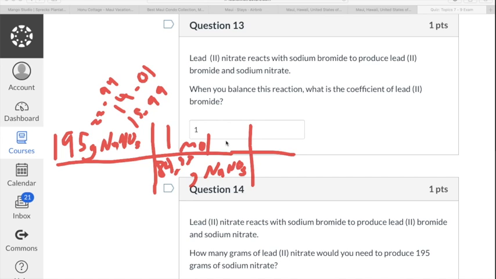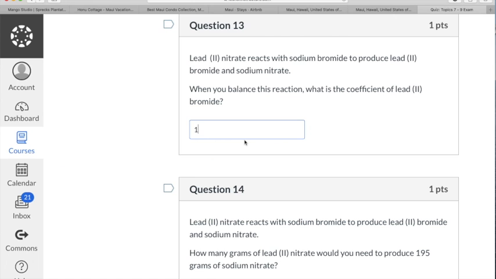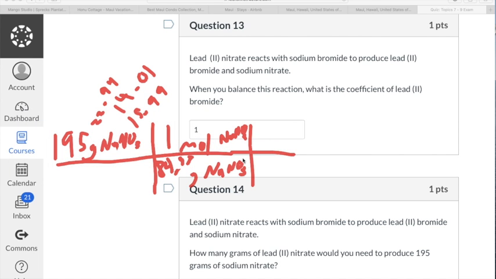And yes, you should be writing down sodium nitrate here. Always write down your units, you guys. And I'm going from moles of sodium nitrate. I want to know how many grams of lead 2 nitrate I would need.